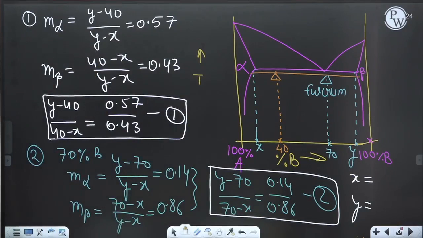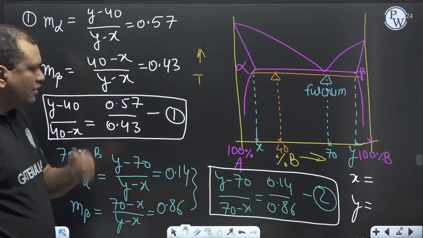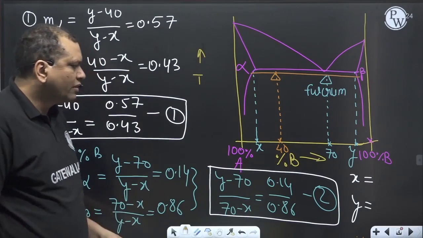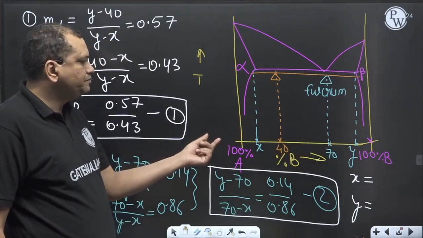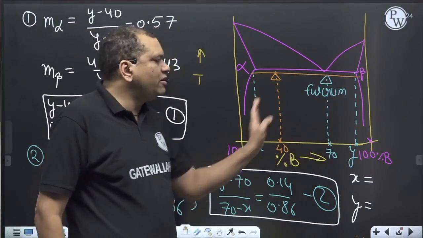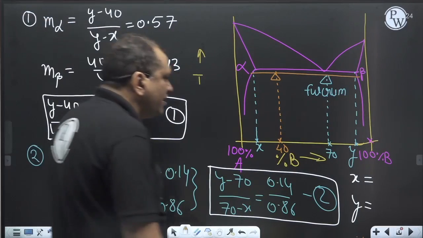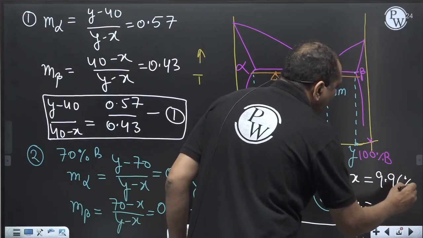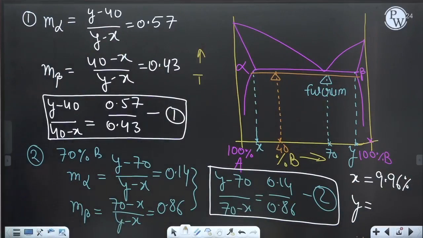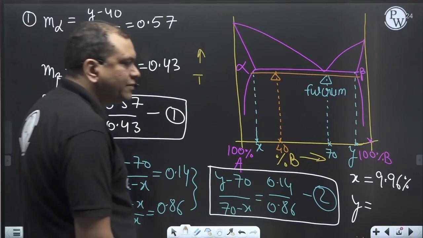So what is the value of x? X is the solid solubility of B in A. Y is the solid solubility of A in B. So the value of x is 9.96%, and y is 79.8%.